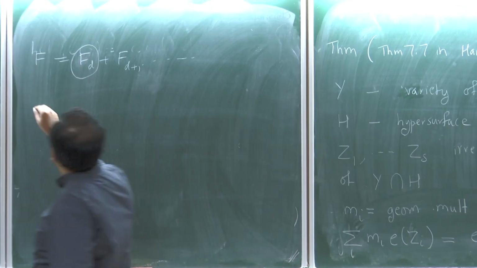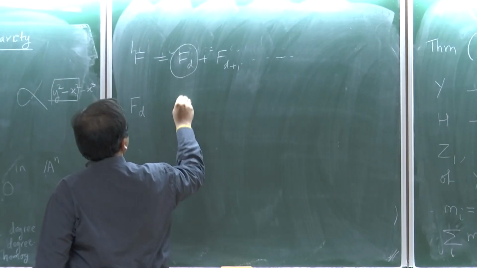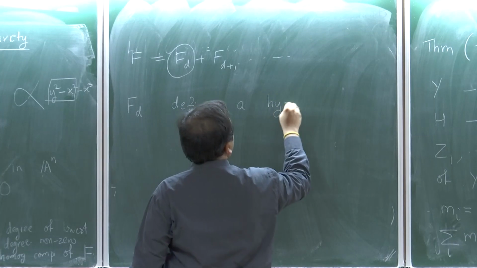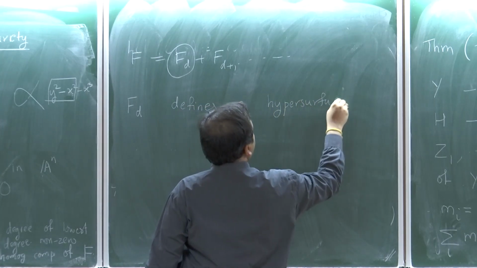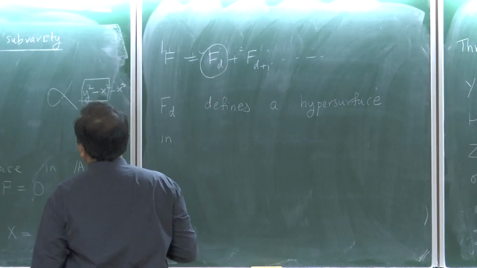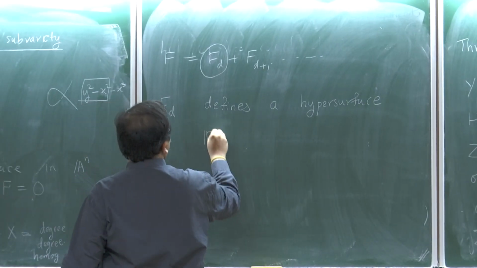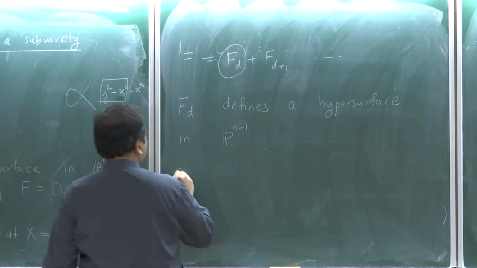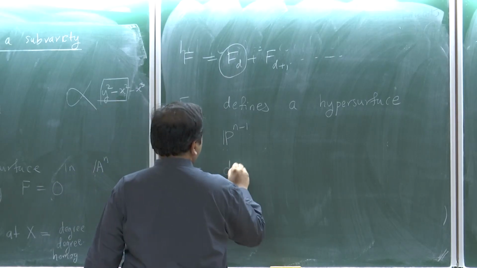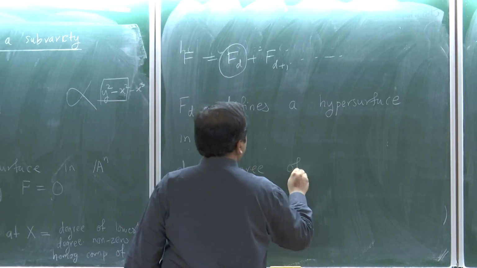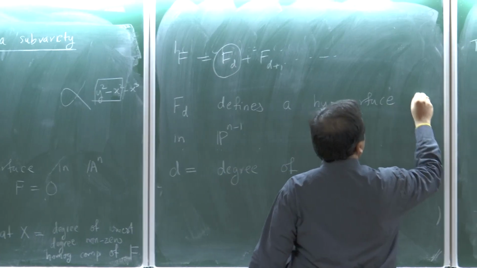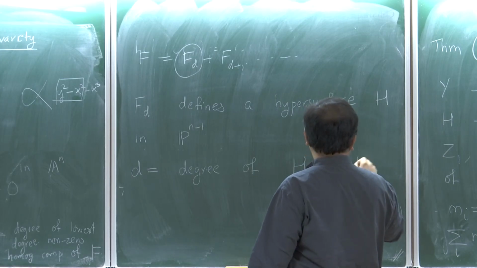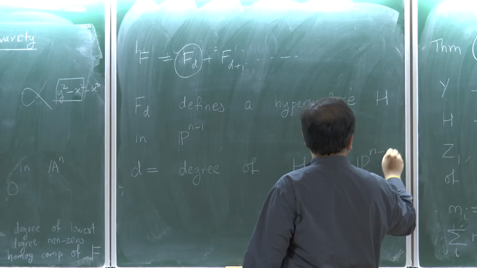So see, f_d defines a hypersurface in P^{n-1}, and d is equal to the degree of, let's say, the hypersurface H sitting inside P^{n-1}.